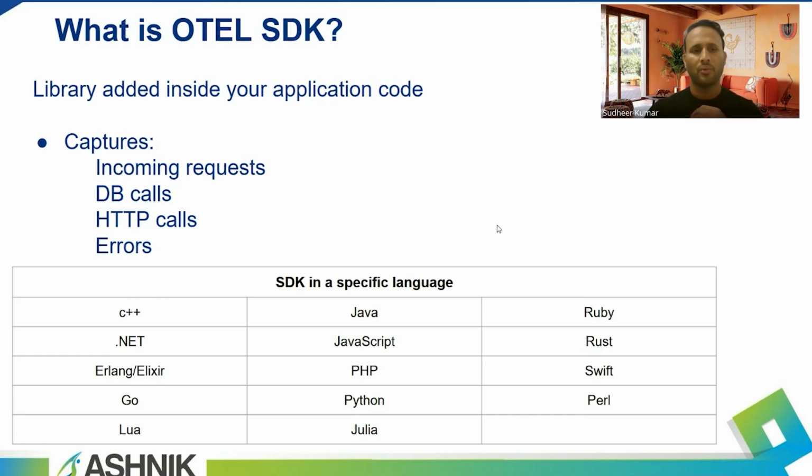For Java, you place the jar in the application, which will collect the metrics, traces and logs and send them over HTTP calls. It captures incoming requests, DB calls, HTTP, and the errors as well.